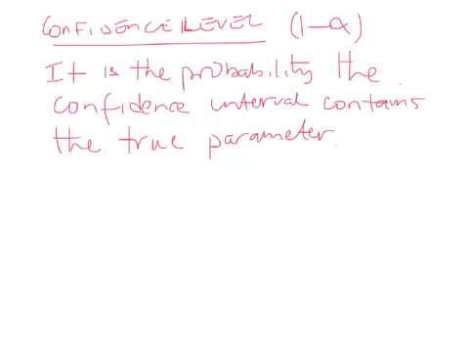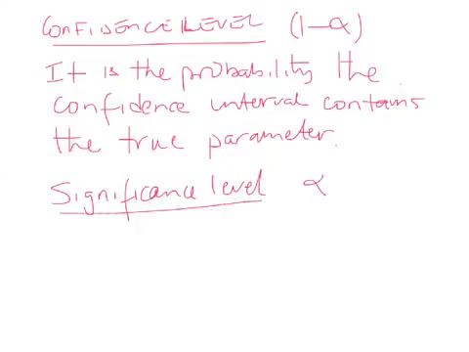So we use 1 minus alpha, and alpha we call the significance level. So 1 minus alpha is confidence, alpha is significance.